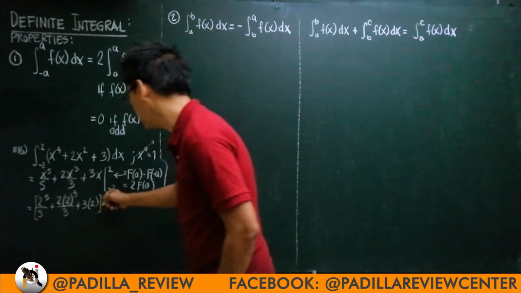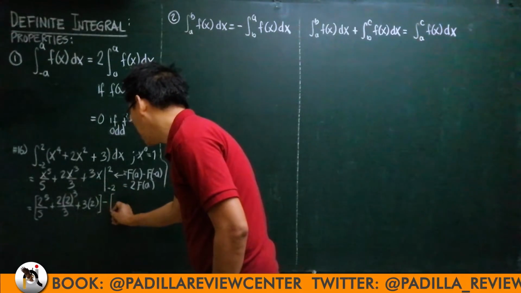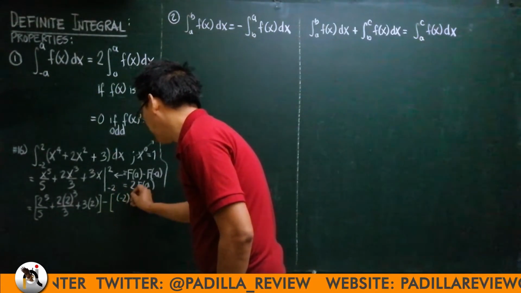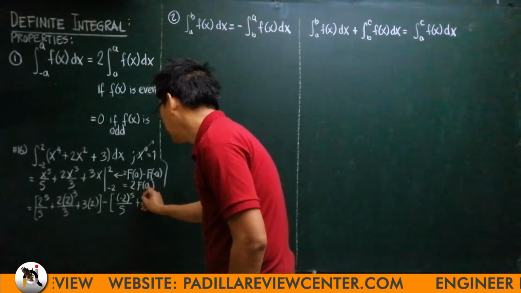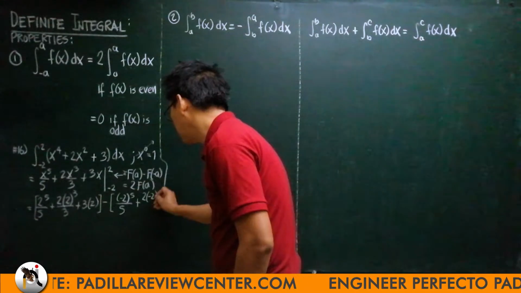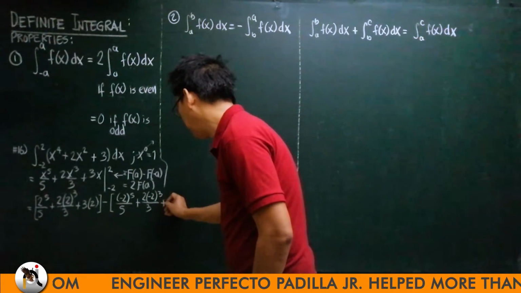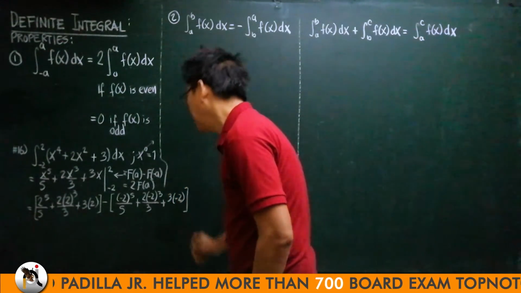Now we substitute the lower limit minus 2 for x. This is going to be minus 2 to the fifth over 5 plus 2 times minus 2 to the third over 3 plus 3 times minus 2.